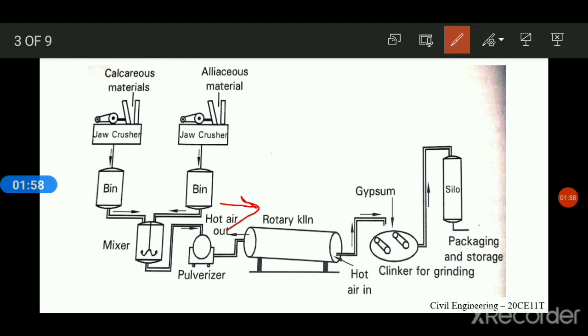You can see here this portion is the upper end and this portion is the lower end. Then the burning fuel, like powdered coal or oil, or hot gases, is forced through the lower end of the kiln. So a long hot flame is produced here.